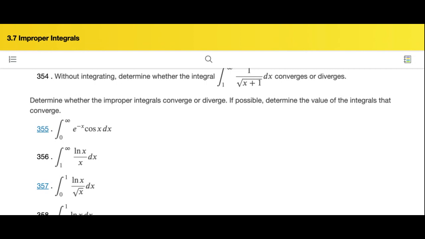The upper limit is an infinity sign, so we have to use the improper integration skill. But then the integrand is a product of two functions, so we have to use integration by parts. So let's all try this.